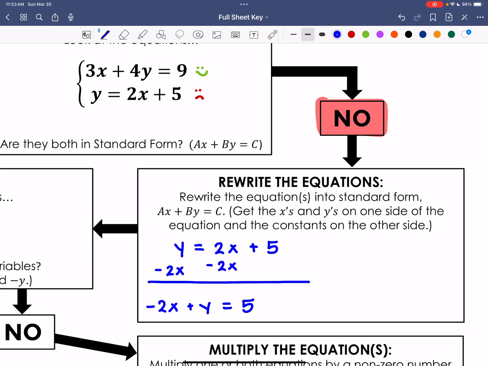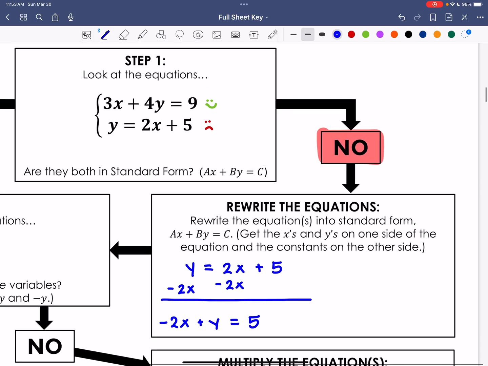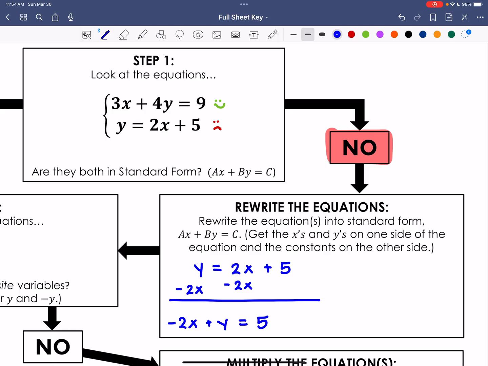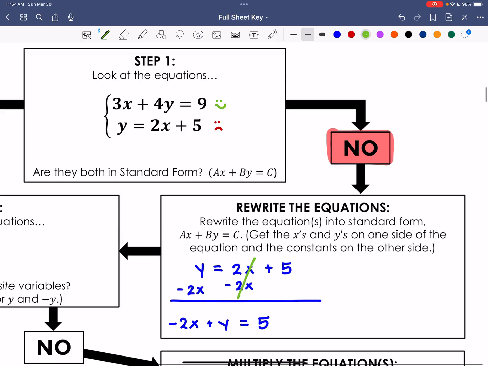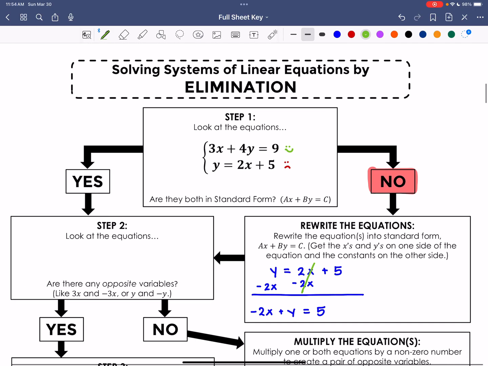Now you are so welcome to take fewer steps if this is something that you are comfortable rearranging, right? I showed all my work by doing this. Do what you're comfortable with, and of course, make sure you're following your teacher's expectations. But now that we've rearranged, we are going to move over to step 2, which says look at our equations.